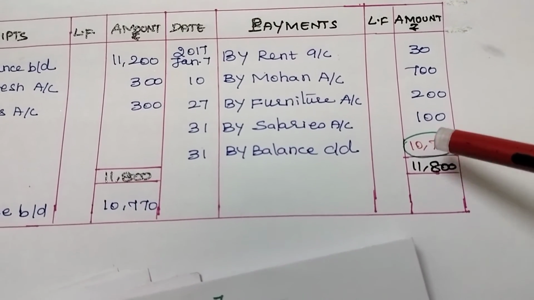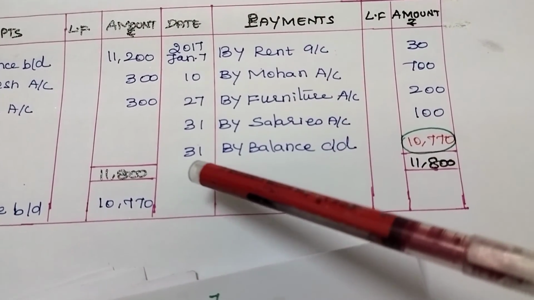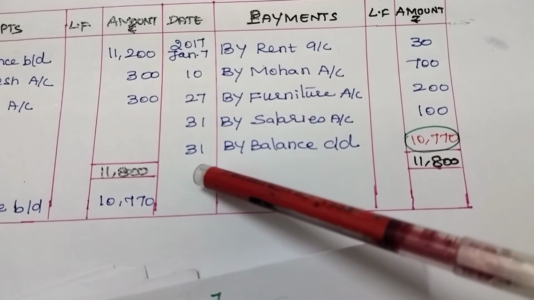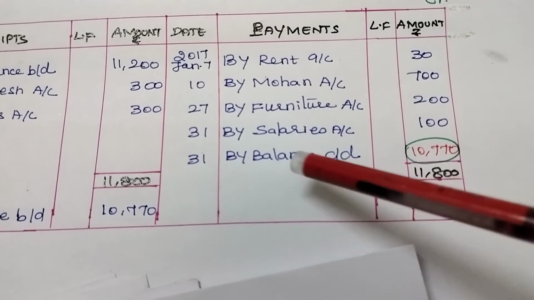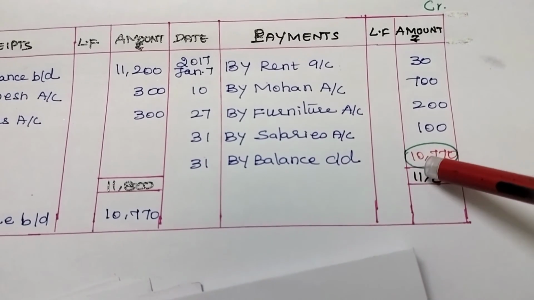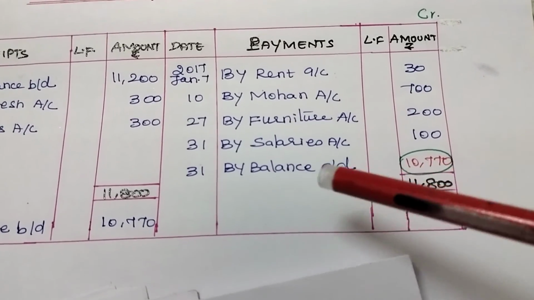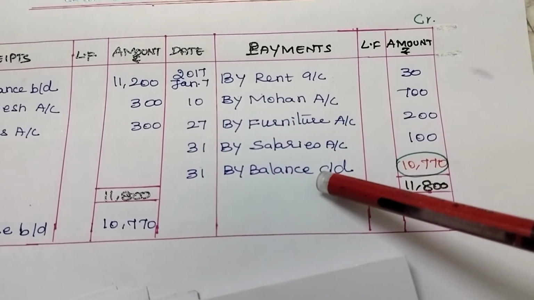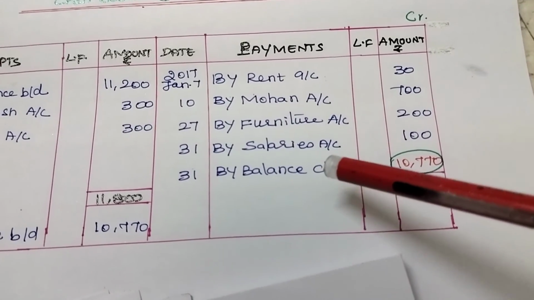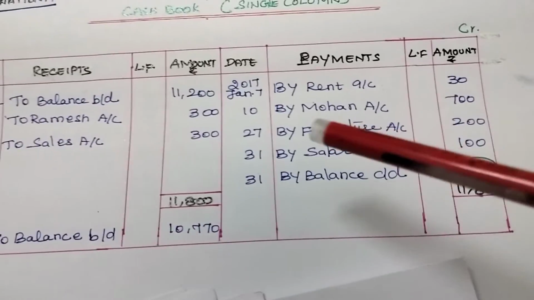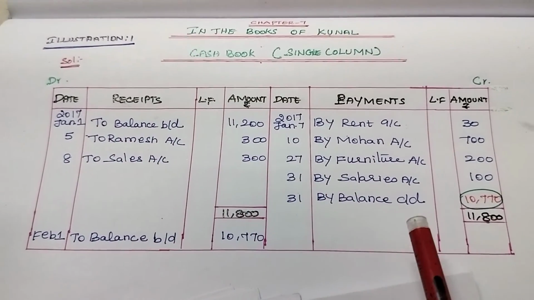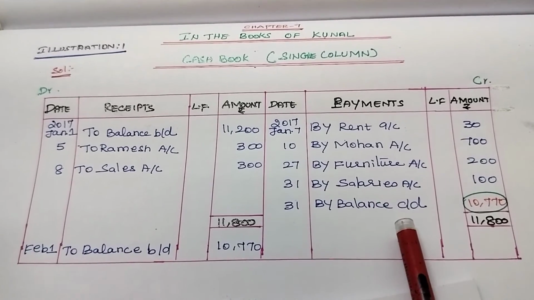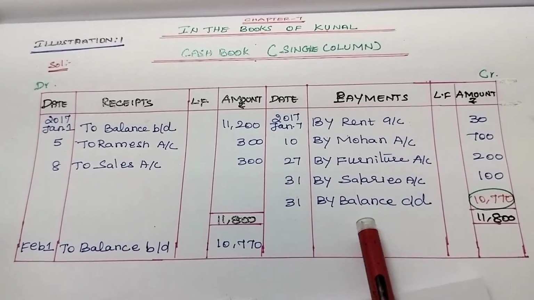Against this you write the last date of the accounting period, January 31, By Balance carried down. This is the closing balance of the single column cash book. The closing balance is always entered on the credit side, and the opening balance is always entered on the debit side. This is the rule for the single column cash book.